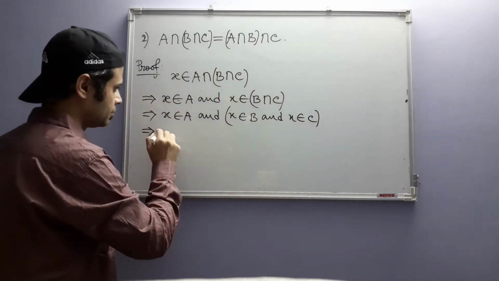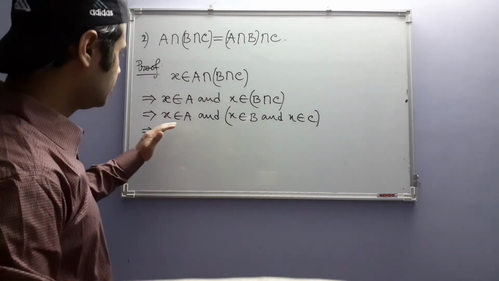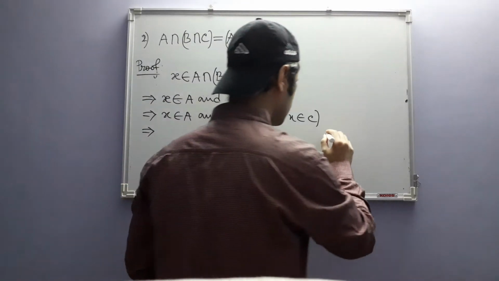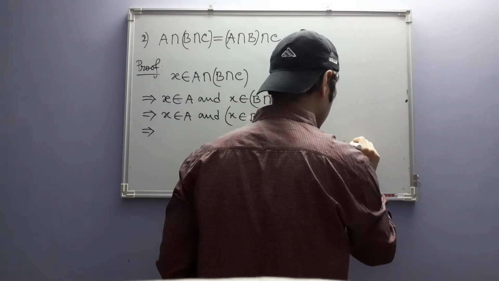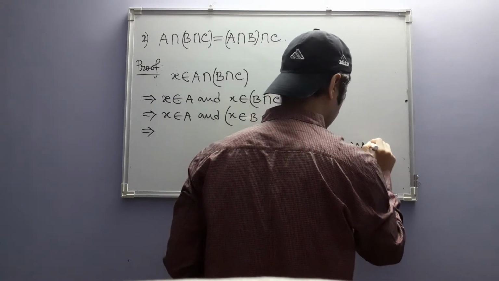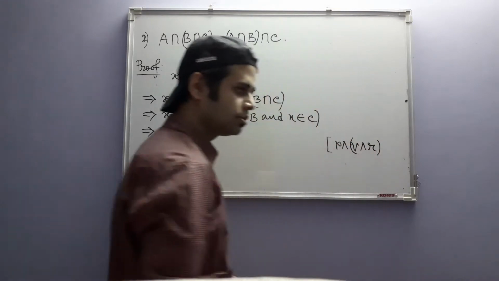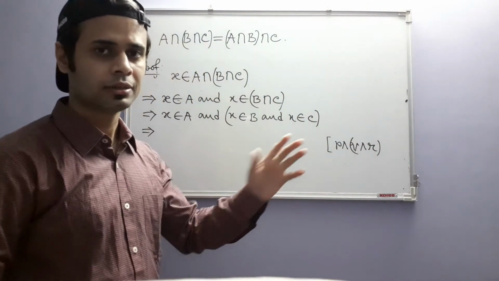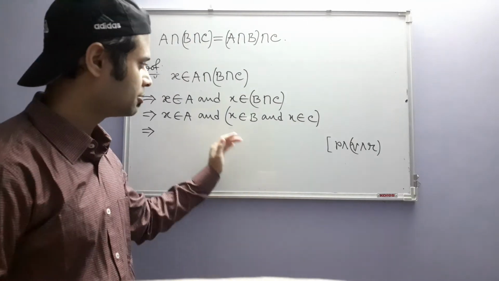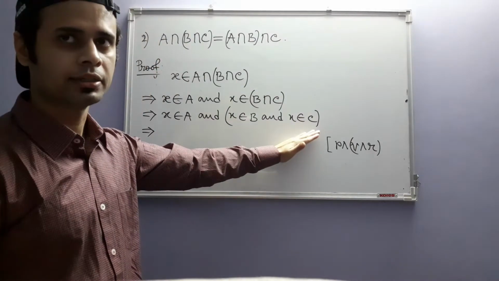This implies, okay, now this is of the form P and Q and R, where P, Q and R are statements, valid statements. Need not be mathematical statements, any statements, but here we have something like this.